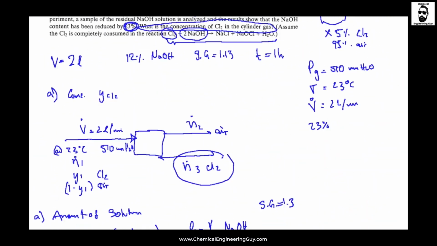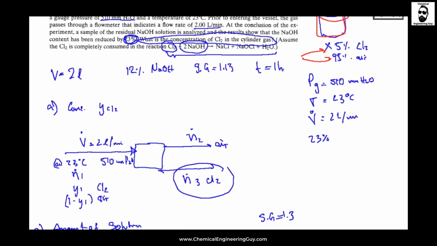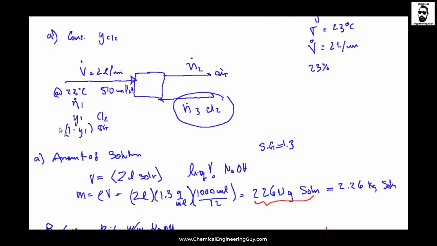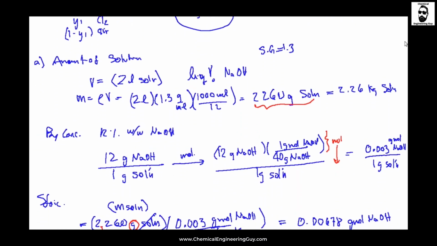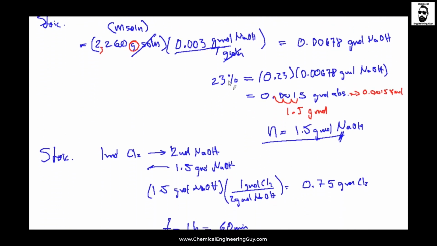So let me overview the problem. It was kind of strange, but we got this tank. They assume it's 5% and they sell it to you like that. So what I want to do is this crazy project in which I add this NaOH and something will get absorbed. You need to know, of course, these values, how much volume you used, what is the density of the solution, what else do you need, how much it's absorbed.